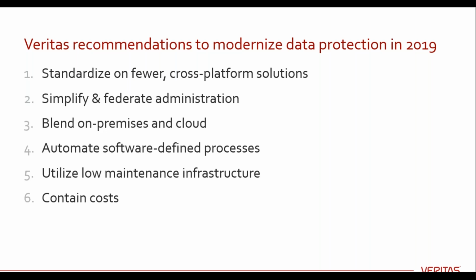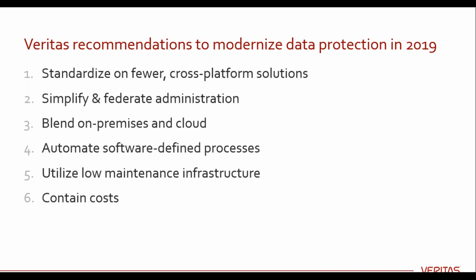So instead of having all of your administration centralized and possibly having a bottleneck, you want to be able to federate it and provide a level of self-service to different admins across your IT environment. And you also want to be able to blend on-premises and cloud, so you're not managing disparate environments using different tools and processes, creating a fragmented environment.